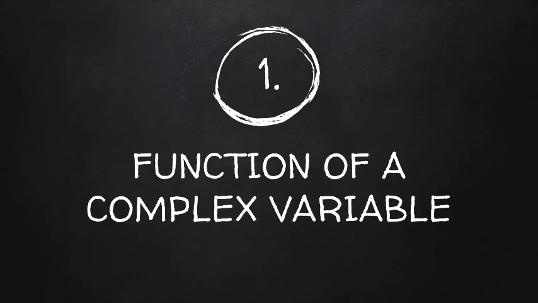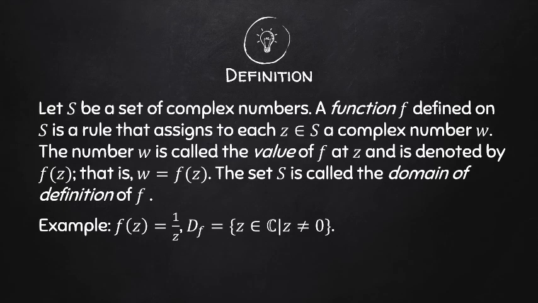First of all, we will discuss function of a complex variable. The definition of a function of a complex variable is: let S be a set of complex numbers. A function f defined on S is a rule that assigns to each z in S a complex number w.